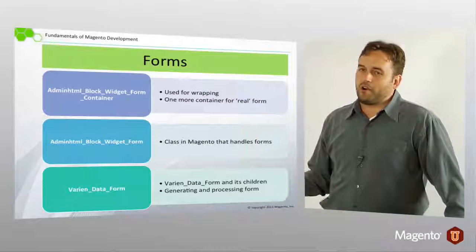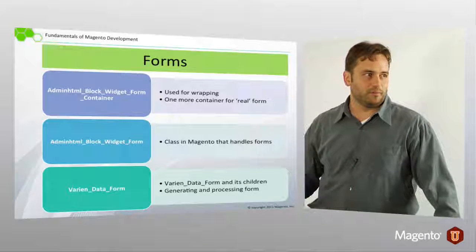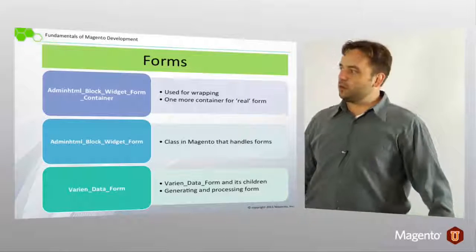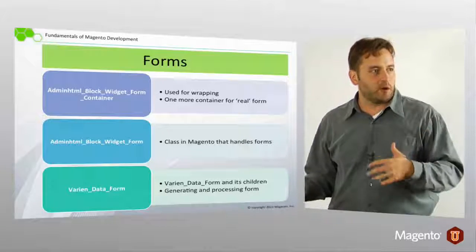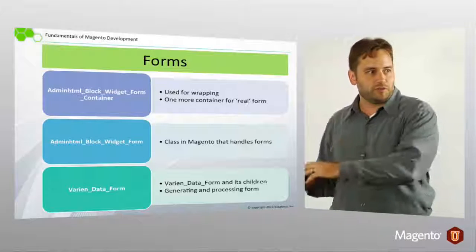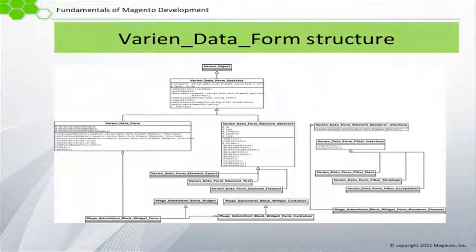So this is sort of our meta class, if you will, for all of the elements of our form. And then ultimately down here we have Varien data form, and using Varien data form gives us access to all sorts of different form controls. And this is the structure.